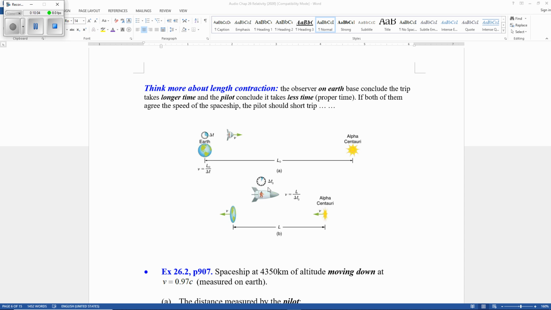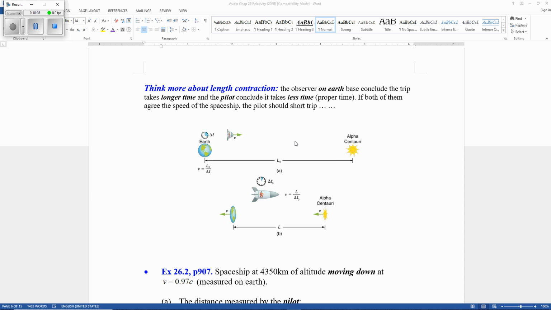The time measured by someone on the Earth is a longer time. We see the spaceship travel a longer time, but we agree the speed is the same. So a longer time, of course, means a longer distance. That's the length contraction.